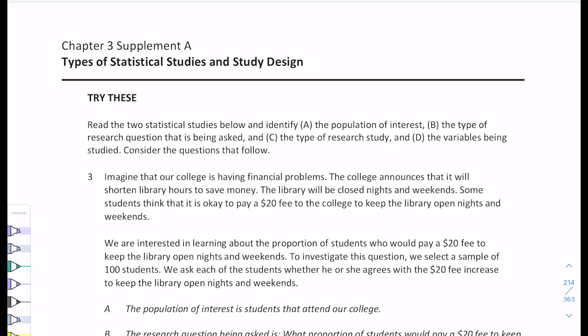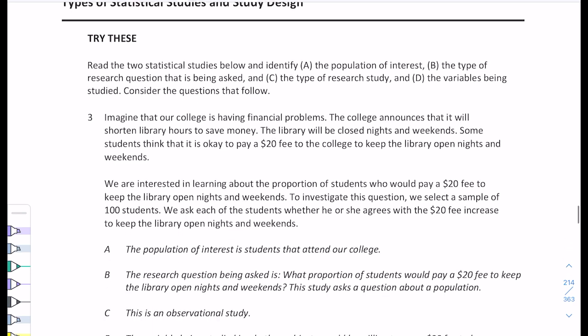So what they do is they are interested in learning about the proportion of students who would pay a $20 fee to keep the library open nights and weekends. So the population of interest, the population that I am interested in is the students that attend our college. I don't care about students that go to other colleges, just the ones that attend our college.